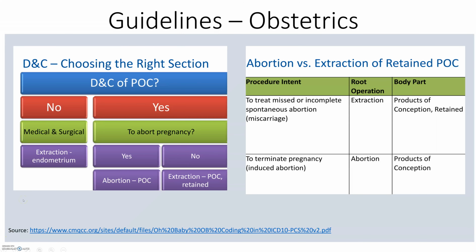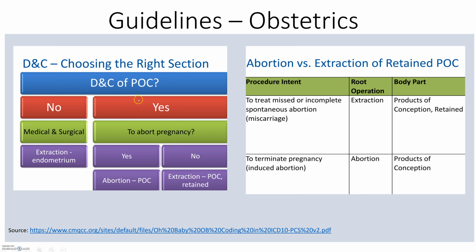Here is a little helpful guide when choosing the correct section when you're coding a D&C. Is the D&C on the products of conception? If it is not, you go to the medical and surgical section and it's extraction and endometrium.